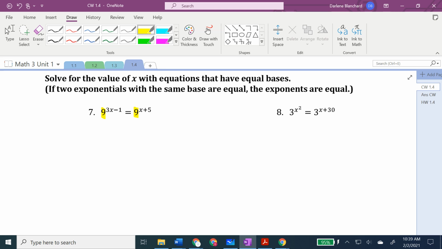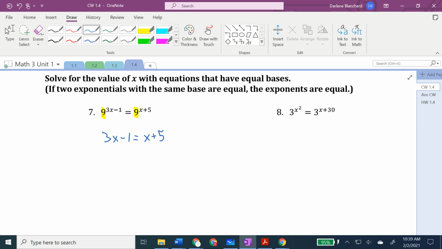What do you think you should do? Get rid of both. Mm-hmm. Right. And if you get rid of both, as if the 9 wasn't there, the exponent on the left and the exponent on the right are now set equal to each other.